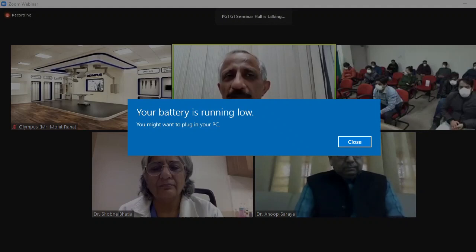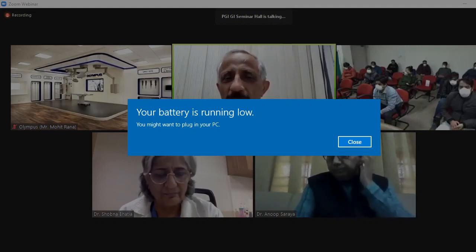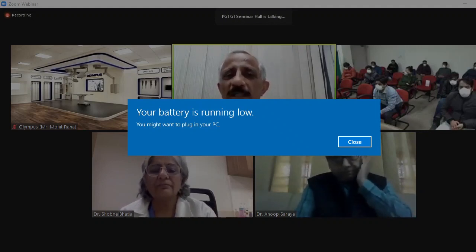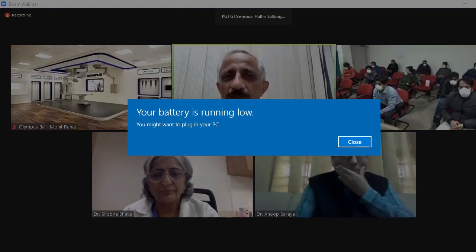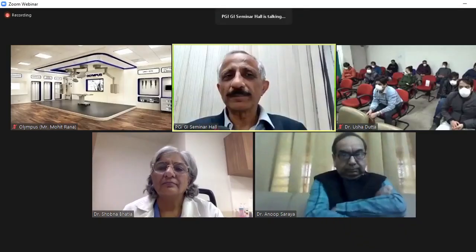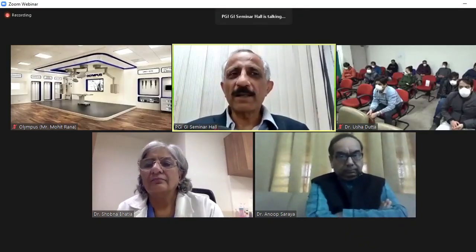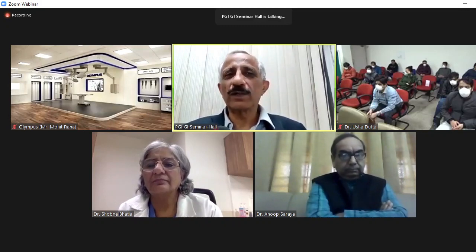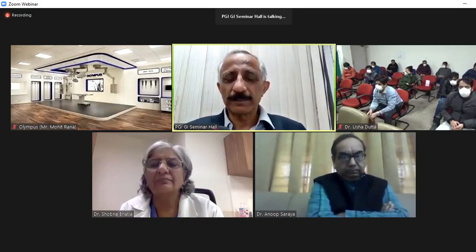More commonly, the epiphrenic diverticulum or the Zenker's diverticulum are the two classic true diverticula of the esophagus, one at the upper end, one at the lower end. So there's not much to differentiate, except that they are so obvious that you don't need to differentiate from pseudodiverticula.